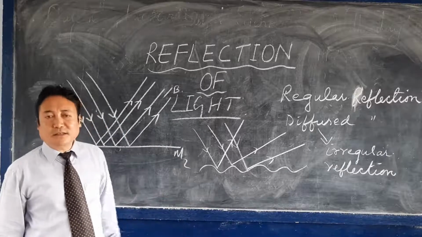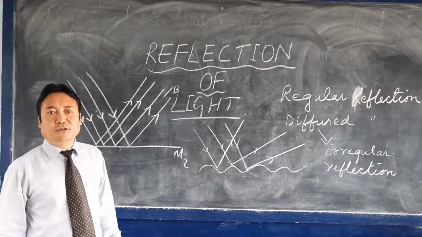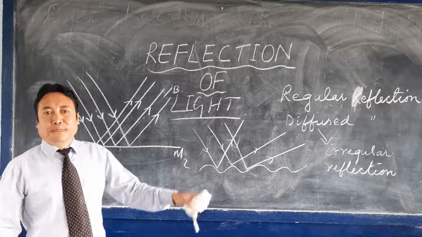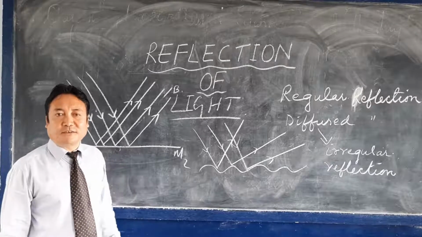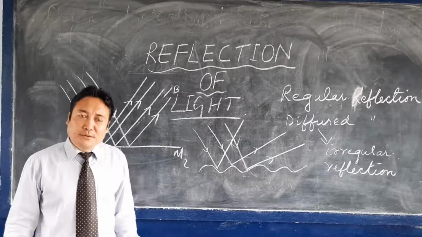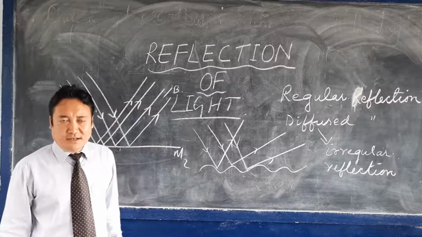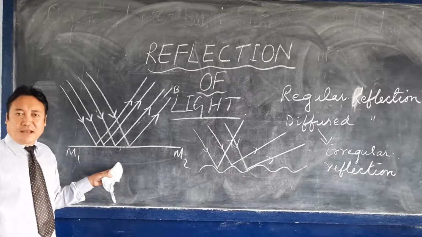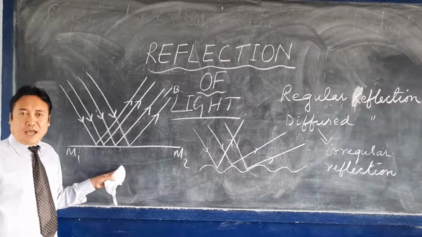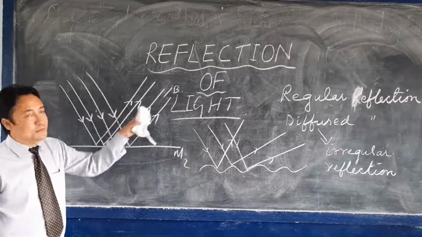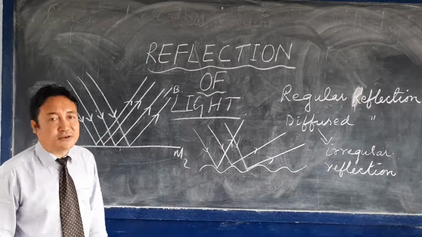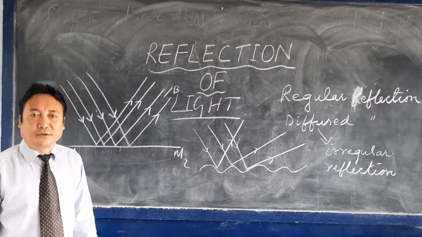In irregular reflection, the reflecting surface should be unpolished and rough, so that when the beam of light falls on that surface, it gets scattered or directed in different directions. Whereas in regular reflection, when a beam of light falls on a smooth and polished reflecting surface, it is reflected in the same direction.